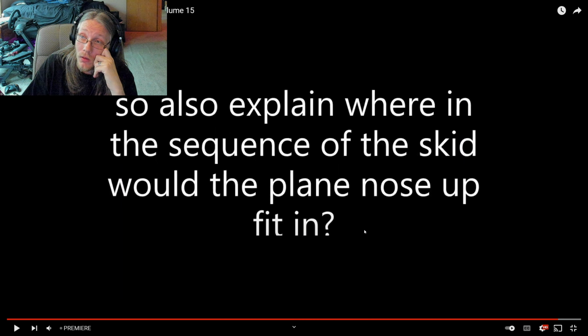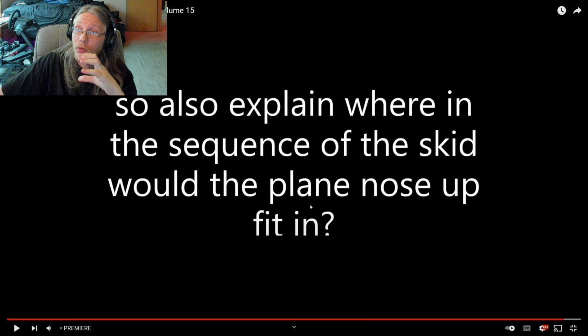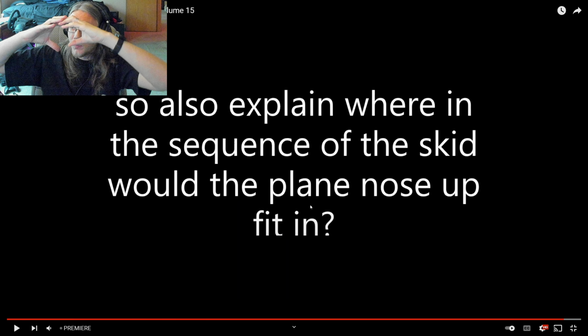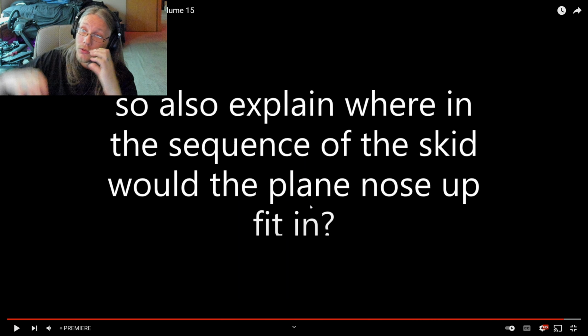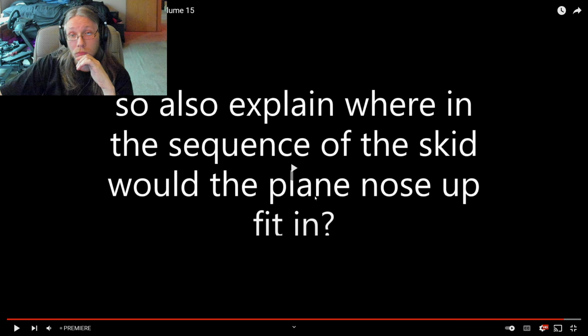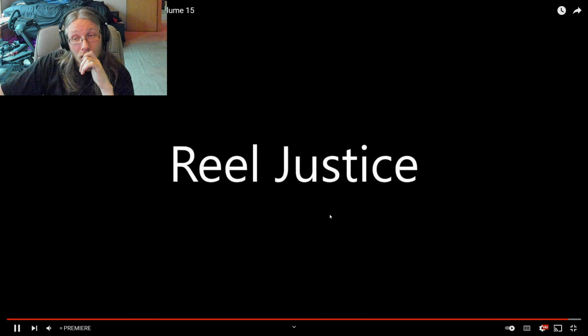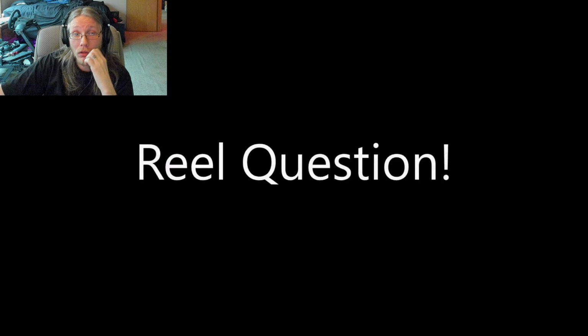Nope. Okay. Also, notice how the cowling was bent up in all of that, showing that it didn't flip over. It didn't flip over.